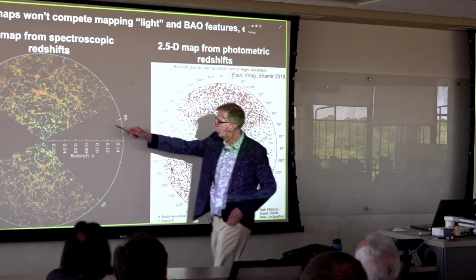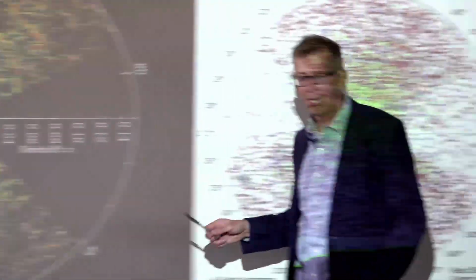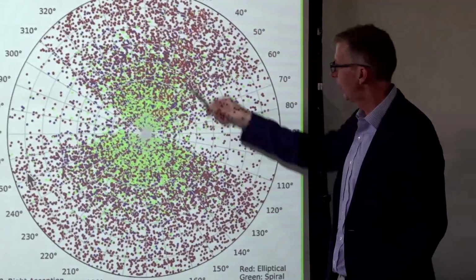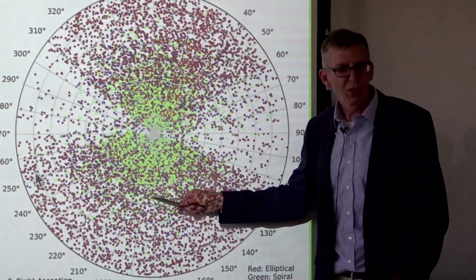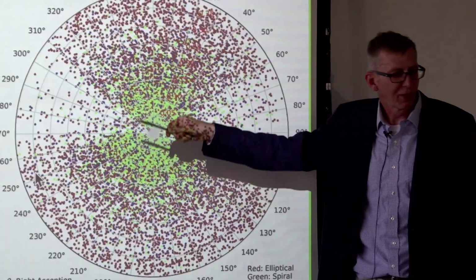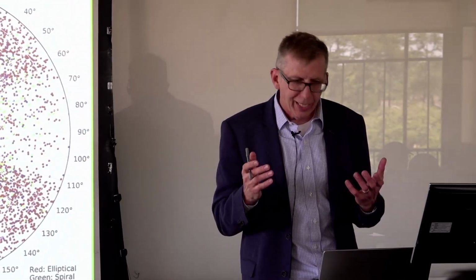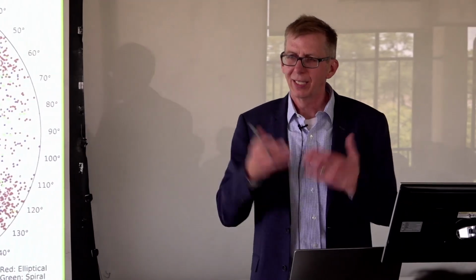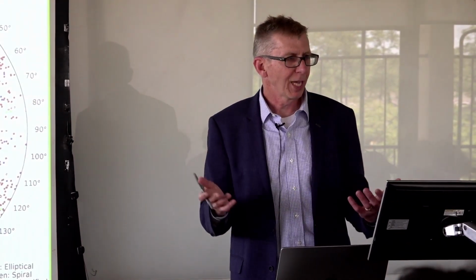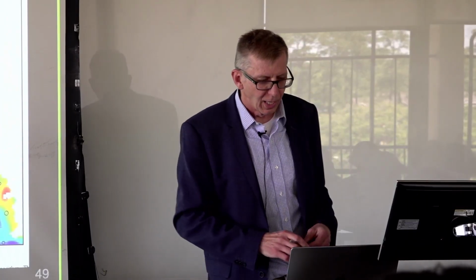So a map where you can see all the structure very cleanly on a three-dimensional map, once you've smeared it out, there's still information there statistically, but it's not the same kind of map as a three-dimensional map. On the other hand, it's a lot more galaxies. So it's trying to make up for that information content with just a lot more galaxies.